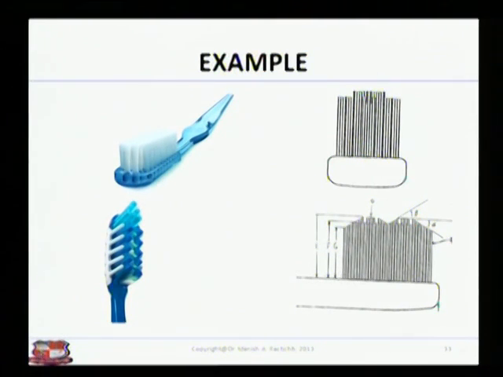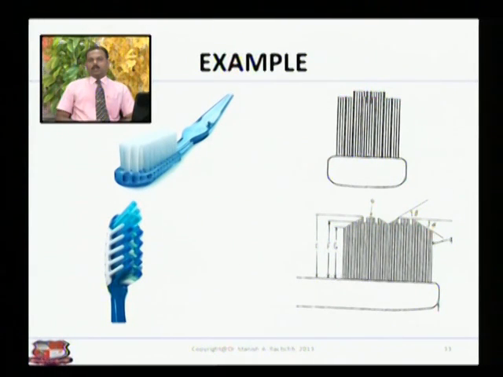So what is the advantage? The polygonal bristles, which are a little bit hard, can clean the white colored part of our teeth. The circular rounded bristles, that you can see a little bit in elevation in the second figure, can clean the gum region effectively.